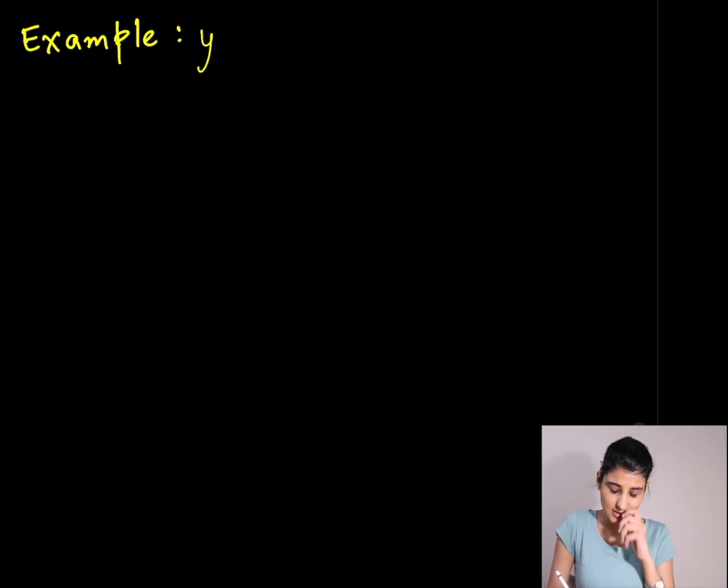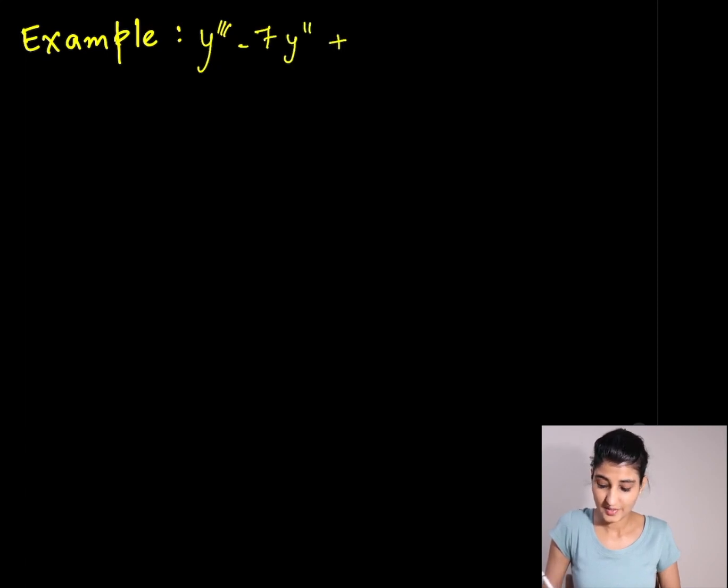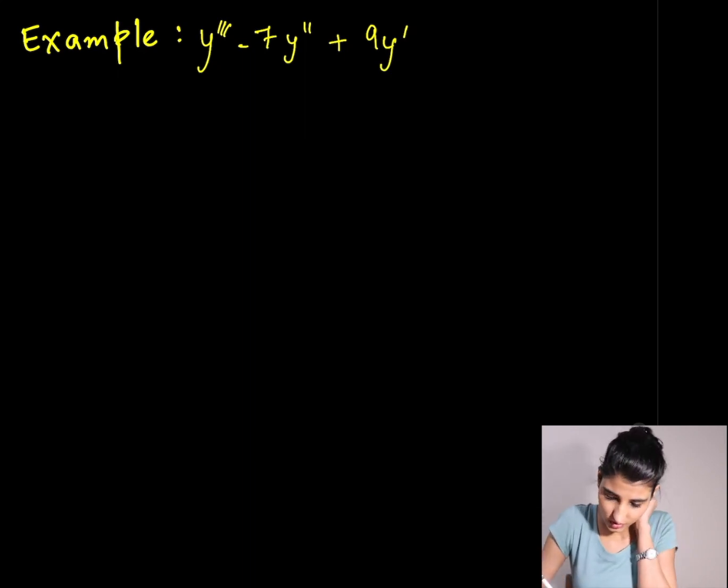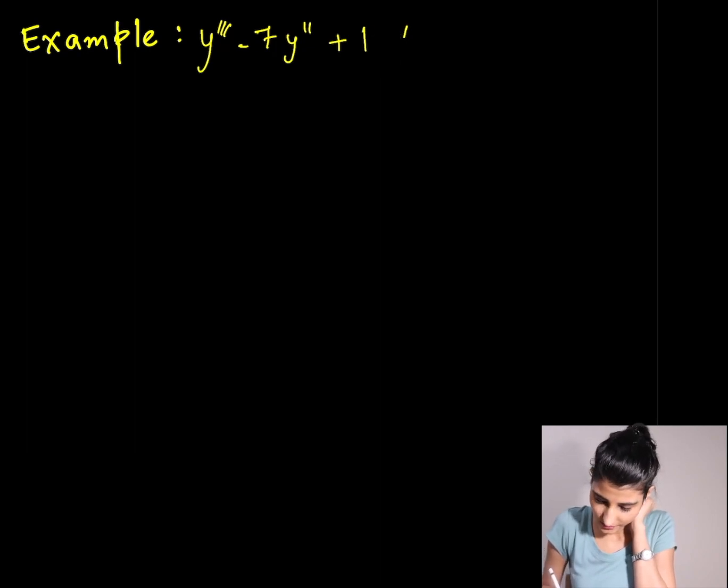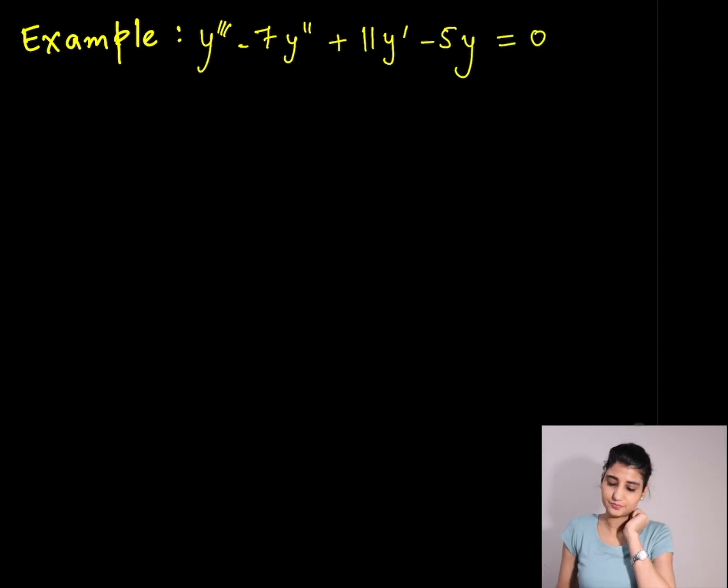Say y triple prime, it means the third derivative, minus 7y double prime plus 11y prime minus 5y equal to 0.